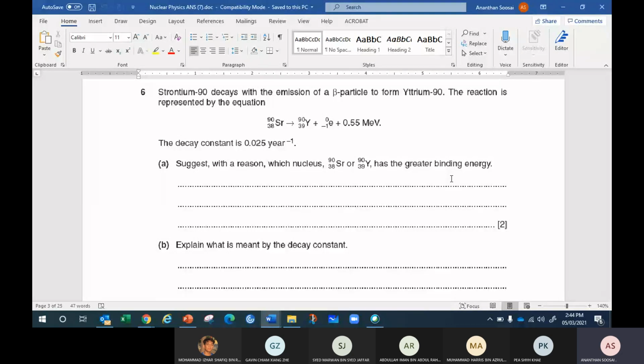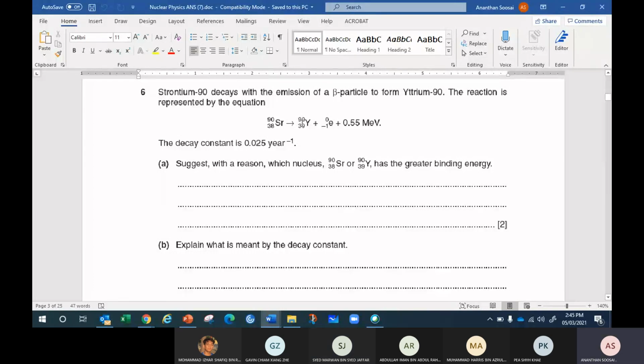What's your answer? Strontium or yttrium has greater binding energy? Anybody? Marwan? How do you know which is more stable?